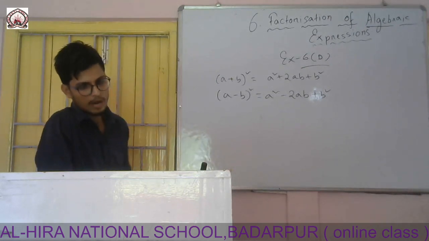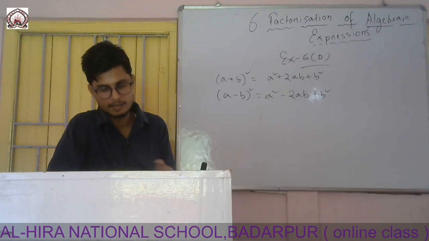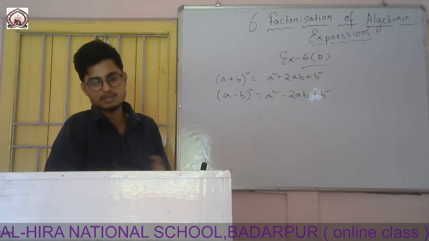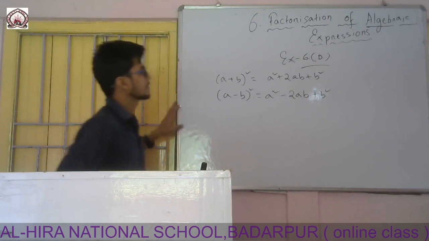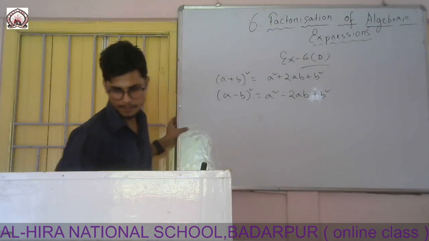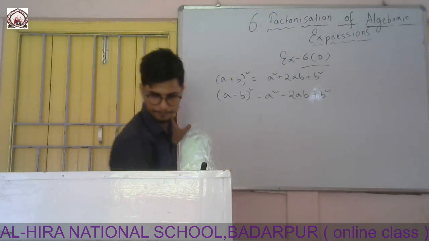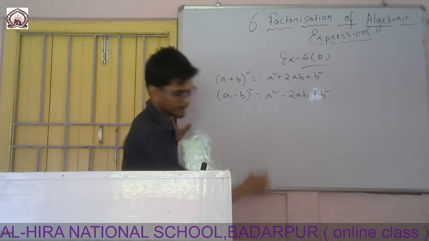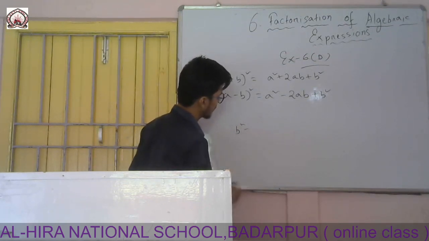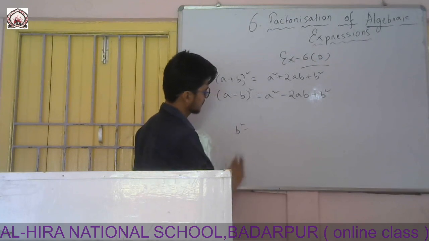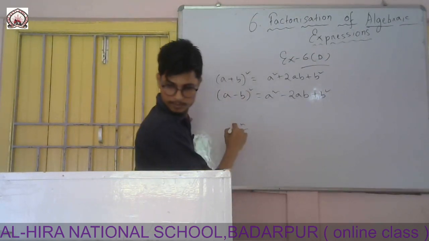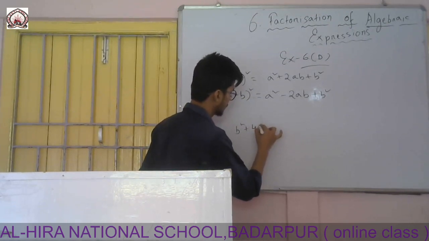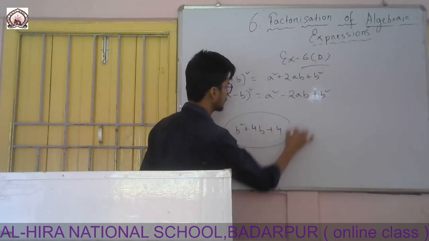So how do we understand whether a given expression is a perfect trinomial square or not? First, you simply check. For example, let b square plus 4b plus 4 be the expression.